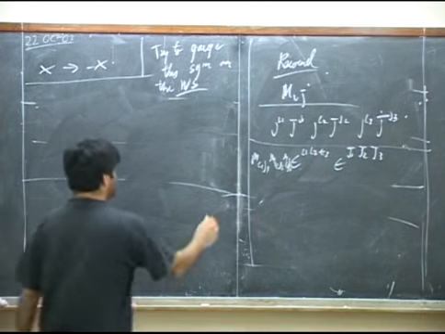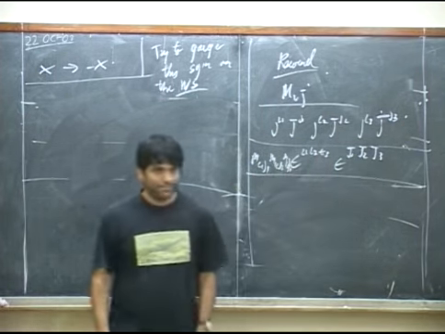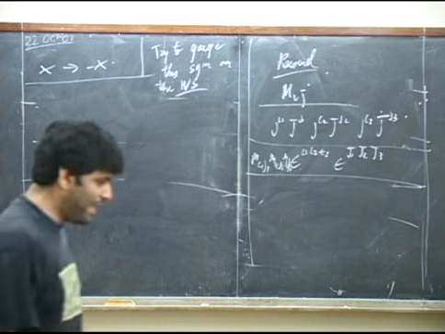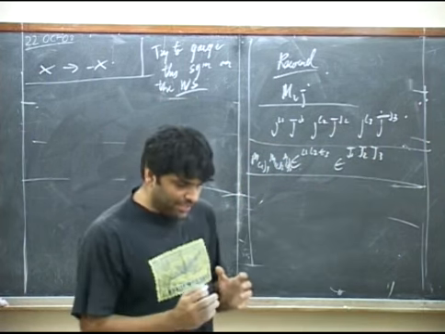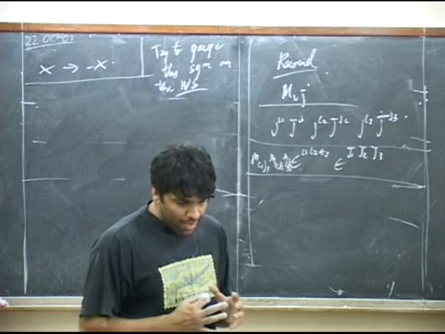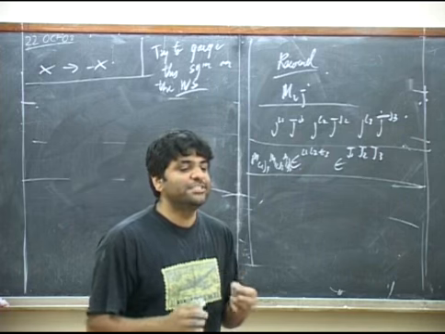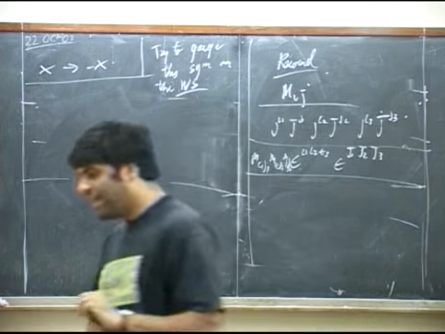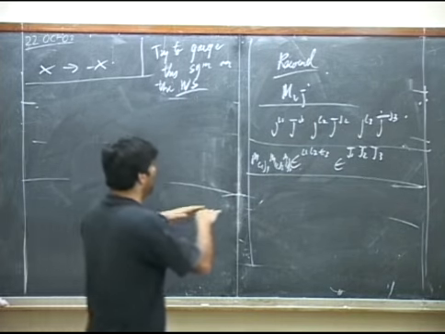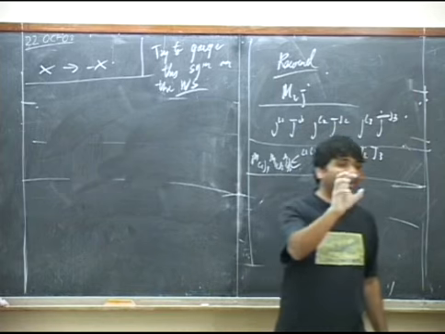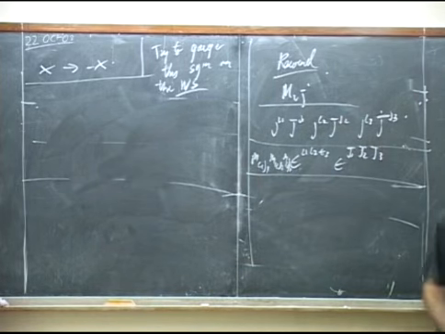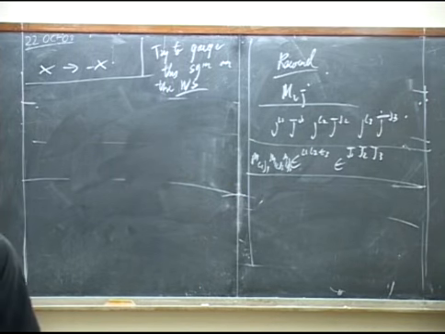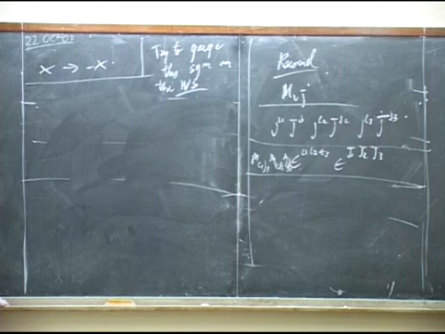Now, given this potential, there's an interesting question, and that's this: what are the various theories you can get by deforming away from the self-dual point by adding one of the massless vertex operators?